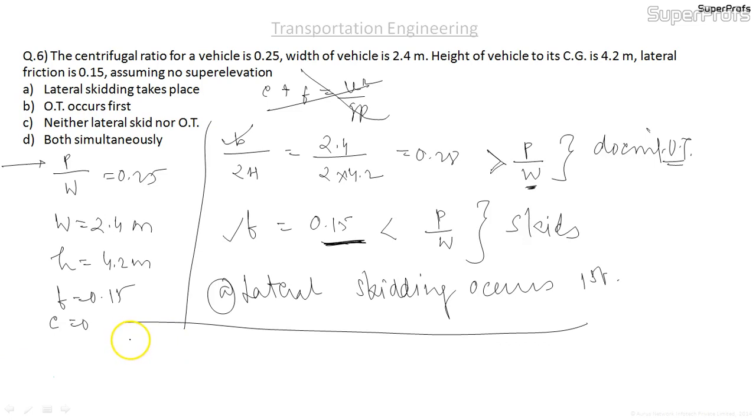Later on we discussed the overturning and the skidding, and later on we discussed the design super elevation. So the numerical problems are mainly of two types. The first type is based on overturning and skidding. They will ask whether the vehicle skids or overturns. And the second type is on design super elevation.